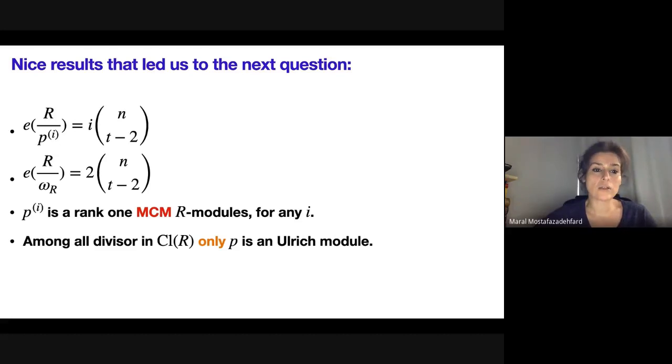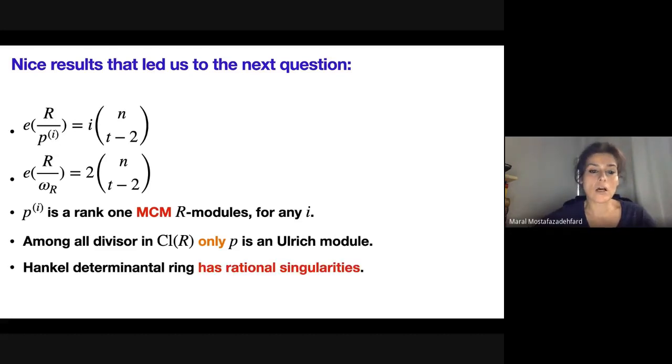And the other result that was very promising was that the Hankel determinantal rings have rational singularities. Our method was reduction modulo p, and we study these rings in characteristic p. What we have shown is that these rings are F-rational for sufficiently large prime numbers p.